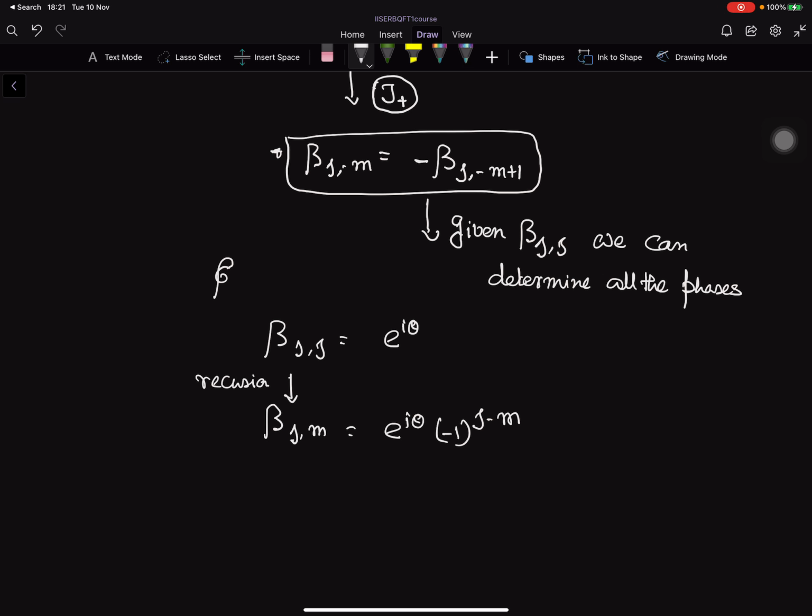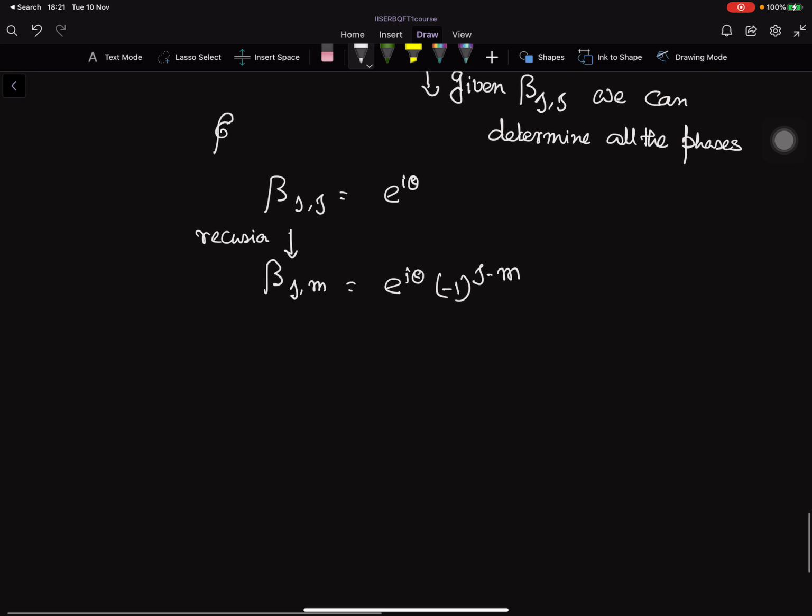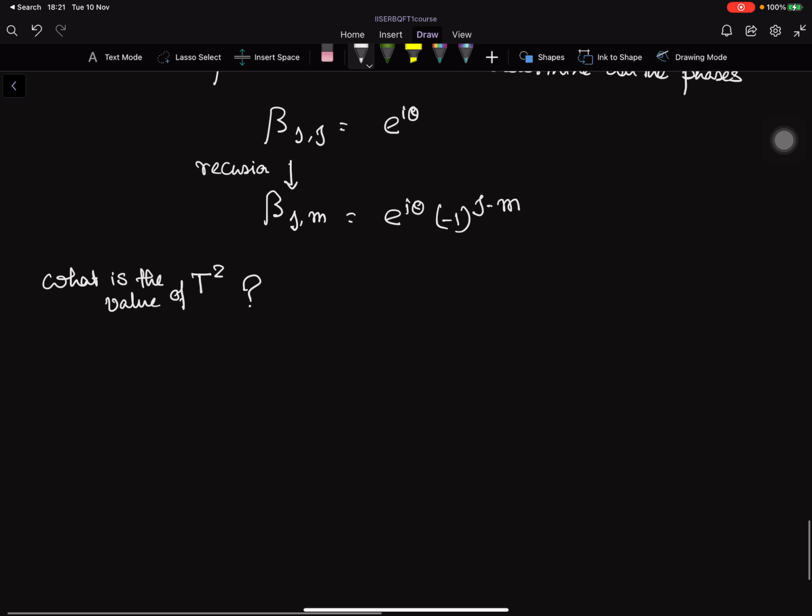Okay, and if that is true, the important thing here is that let's try to compute the value of T square. Why? Because T square is a linear unitary operator, so we can try to evaluate that.